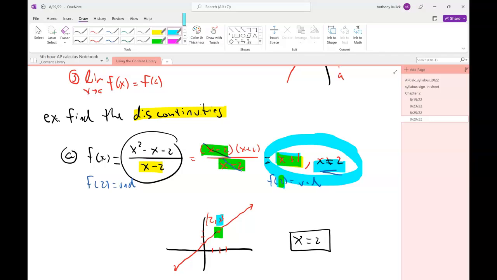They're both the same thing. Very easy to make that mistake and forget that just because you reduce that out of there, you still have to keep in mind that 2 is not part of the domain. This was still a rational function at the start and not a polynomial function. That's okay?